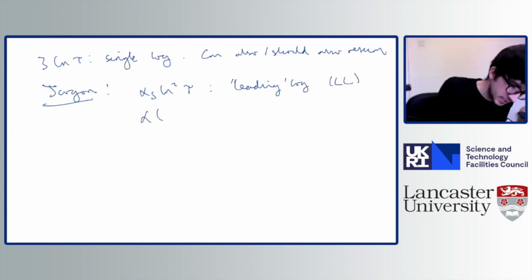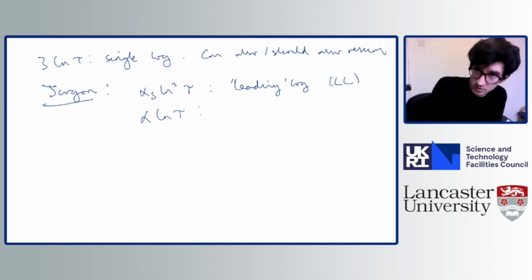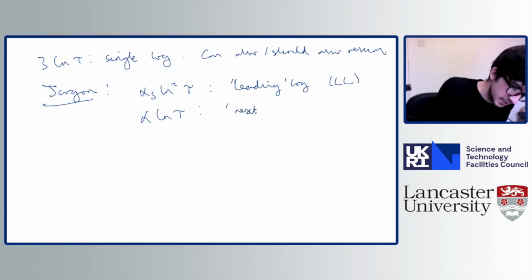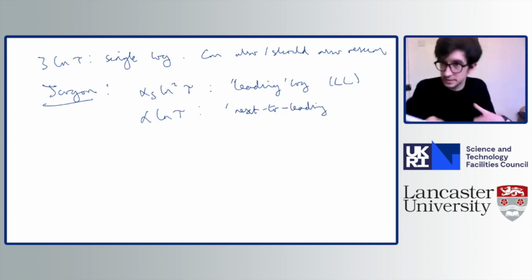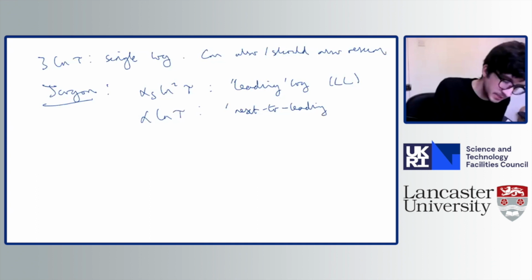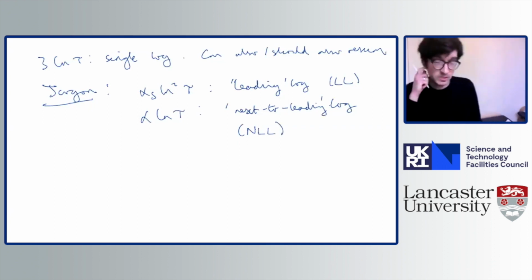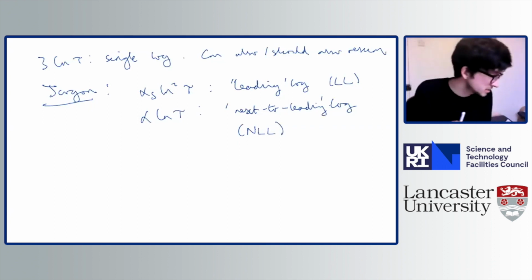And the alpha_S log tau, which is one logarithm down, is a smaller contribution versus the log squared tau, but still enhanced versus just alpha_S alone. So it needs to be resummed. We call that next to leading. For other processes, one can get further powers down of alpha_S's and the logs and so on, and you get next to next to leading and so on and so forth. But again, that's the basic idea. It's a next to leading log, so NLL, like that. So if you see that labeling, that's what it refers to.